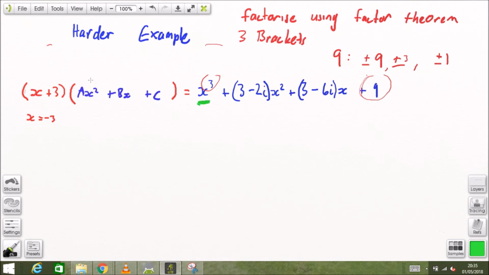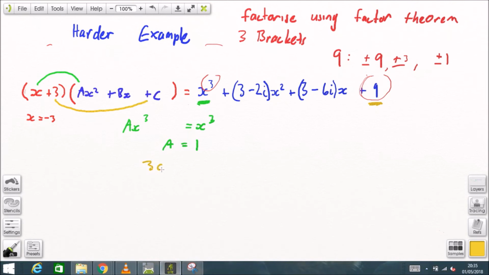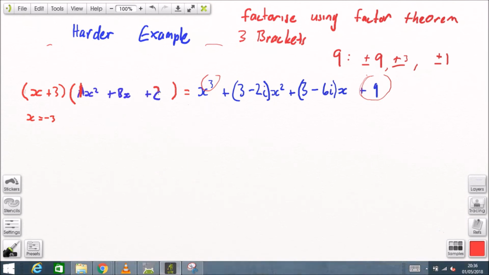You can see that we're only going to get the x cubed term because it's the highest power. That's only going to come from when we multiply the highest power of each bracket. So we can know that ax cubed will equal x cubed. And that will tell us that a will have to equal 1. Similarly with the lowest power term, the constant term 9, that will only come from 3c equals 9. So c will equal 3. So we've worked out a and c.